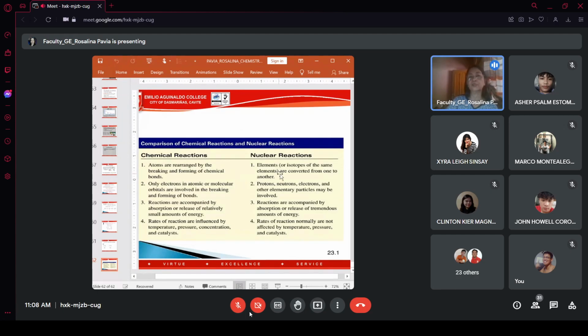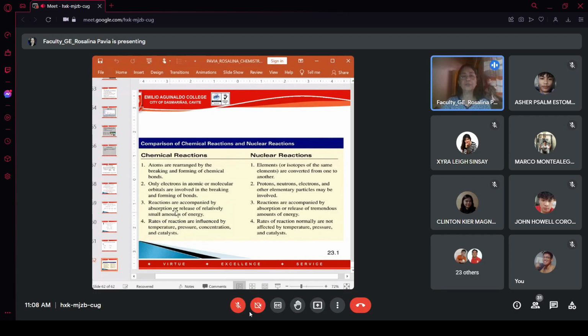While sa nuclear reactions, elements or isotopes of the same elements are converted from one to another. Then, only electrons in atomic or molecular orbitals are involved in the breaking and forming of bonds. Compared to nuclear reaction, protons, neutrons, and electrons and other elementary particles may be involved.